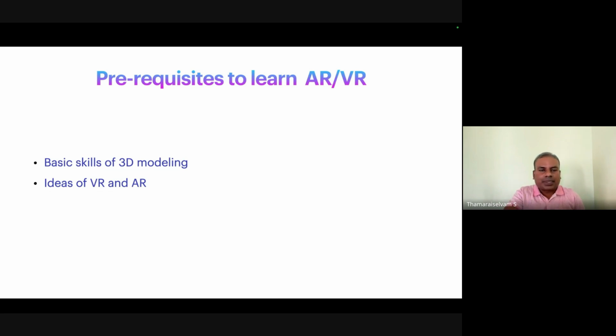Someone should be very good at basic 3D modeling, because when you develop an application where 3D modeling is predominant and user interaction in a virtual world is predominant, people should have a strong inclination towards mastering the basic skills of 3D modeling and a plain understanding of augmented reality and virtual reality.